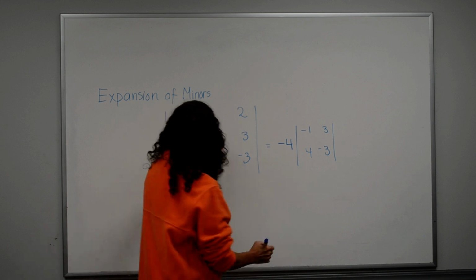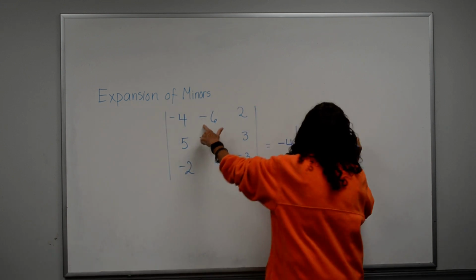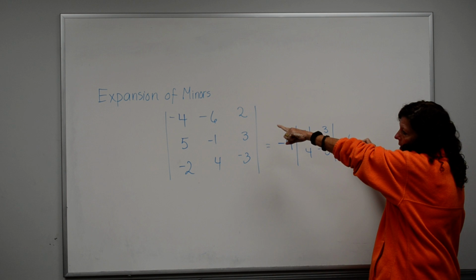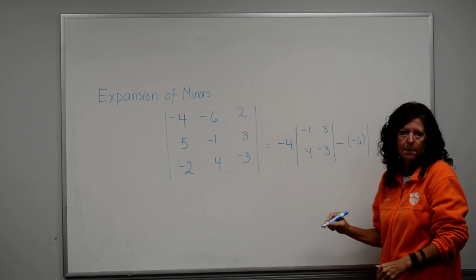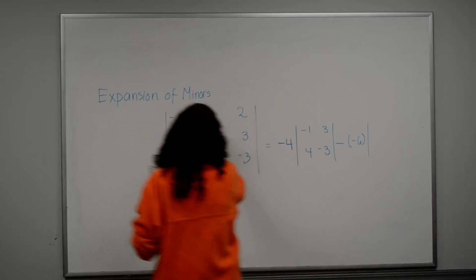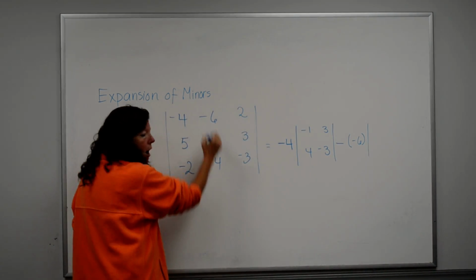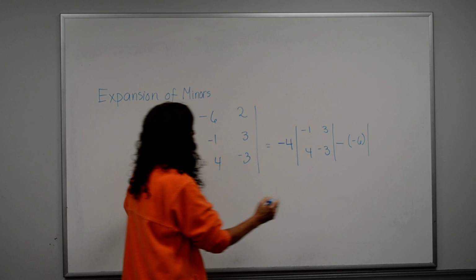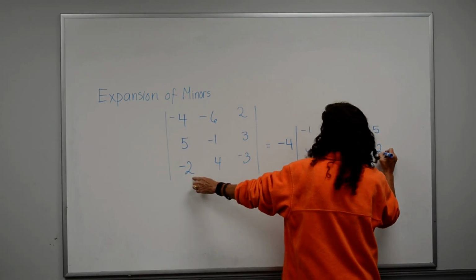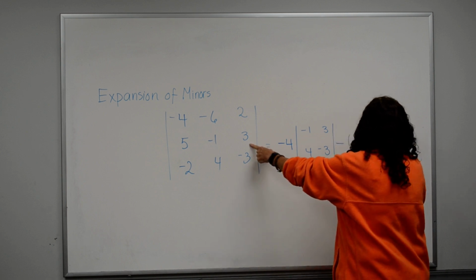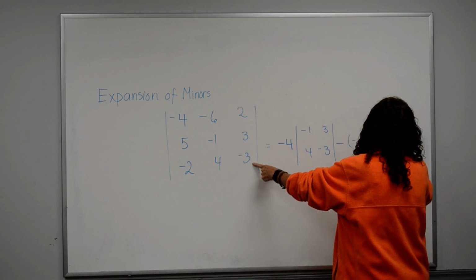Then I'm going to go on to the next one, and I'm going to subtract the next number times the expansion of its minors. So I mark out the row and the column that -6 is in, and I write the numbers left: 5, -2, 3, and -3.